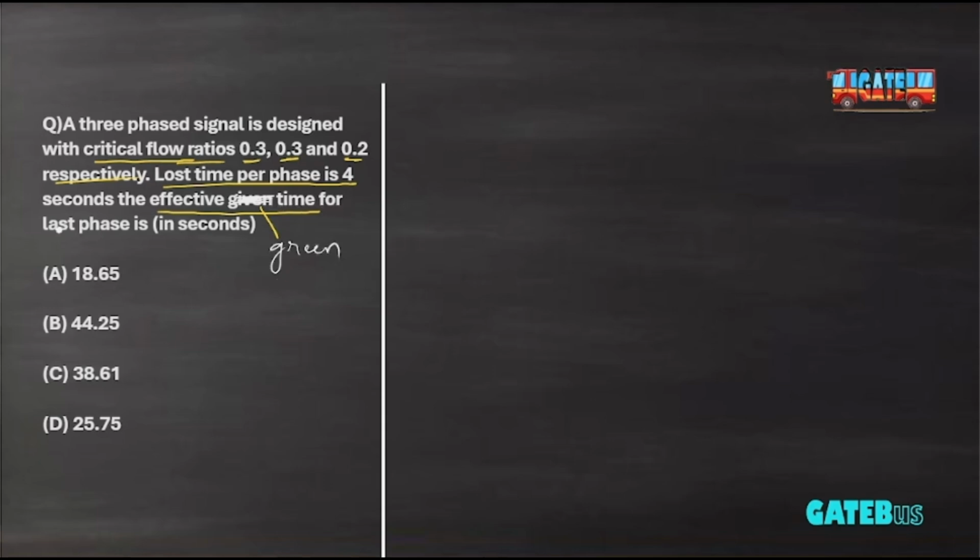So we have to find the effective green time for the last phase. We know that effective green time is equal to (C minus L) into y1 by Y.